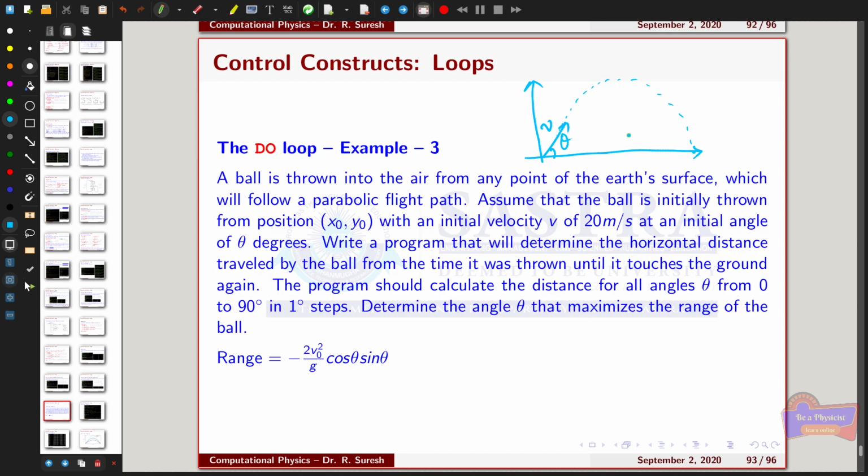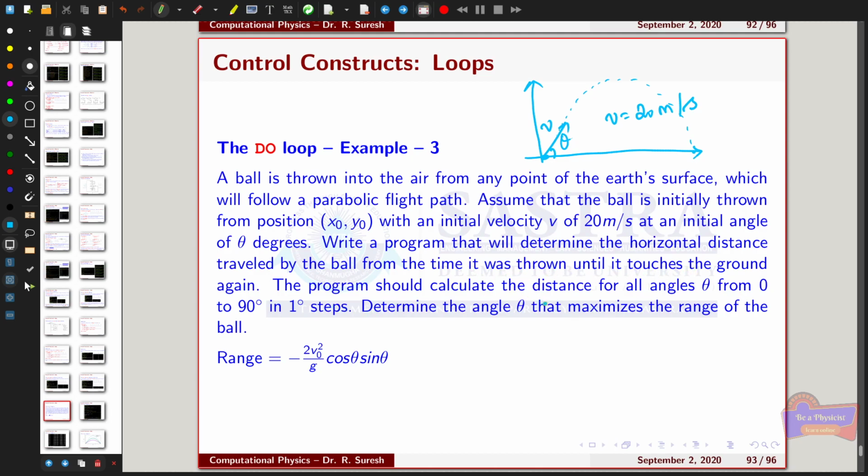This projectile program is already known to you. Assume the ball is initially thrown from the position x equal to x0, y0, that means x equal to 0 and y equal to 0, with an initial velocity of 20 meters per second at different angles. You can vary the initial angle. You have to write the program to determine the horizontal distance traveled by the ball from the time it was thrown until it touches the ground again.